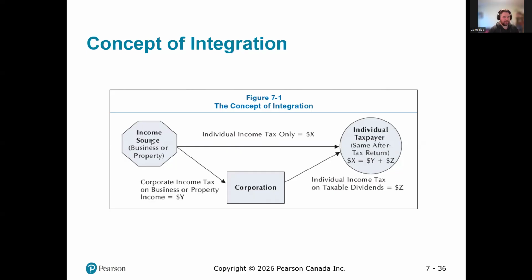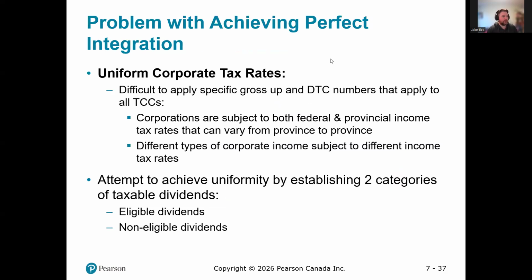We want income sources to be the same, whether an individual earns them personally or through a corporation as a shareholder. The problem with achieving perfect integration is it's difficult to apply a specific gross up and specific dividend tax credit numbers because corporations are subject to different tax rates. There are different tax rates in federal and provincial income tax, and different types of corporate income are subject to different income tax rates.